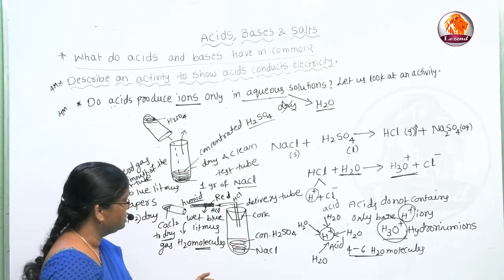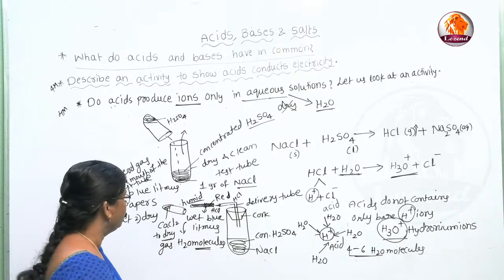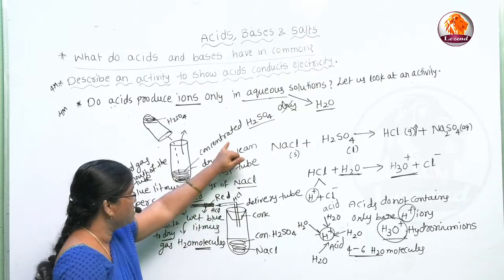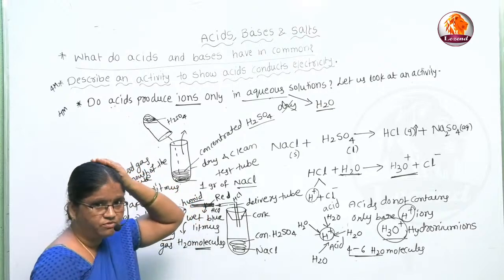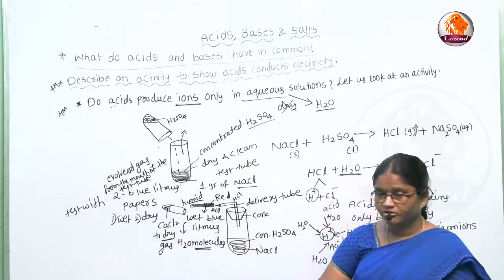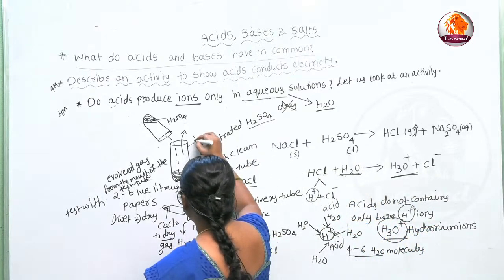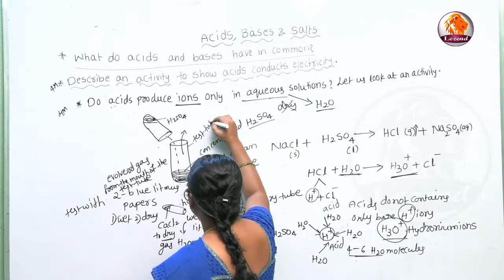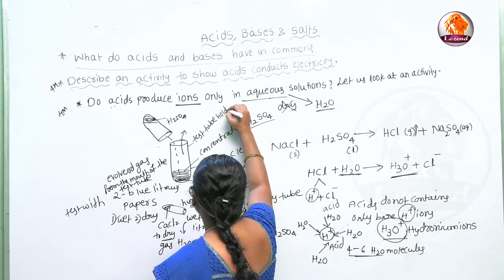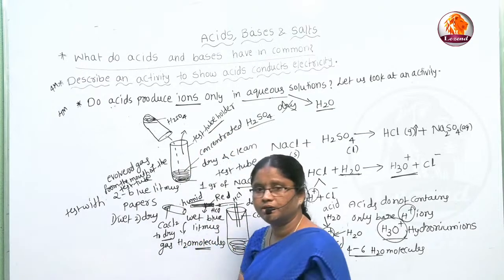Also, while doing this activity, we have to take some precautions. In the laboratory, we are using concentrated sulfuric acid. When we are doing the activity with concentrated solutions, we should use a test tube holder to hold the test tube. What should we use? A test tube holder. This precaution we must and should take. We should not handle the test tubes with bare hands.